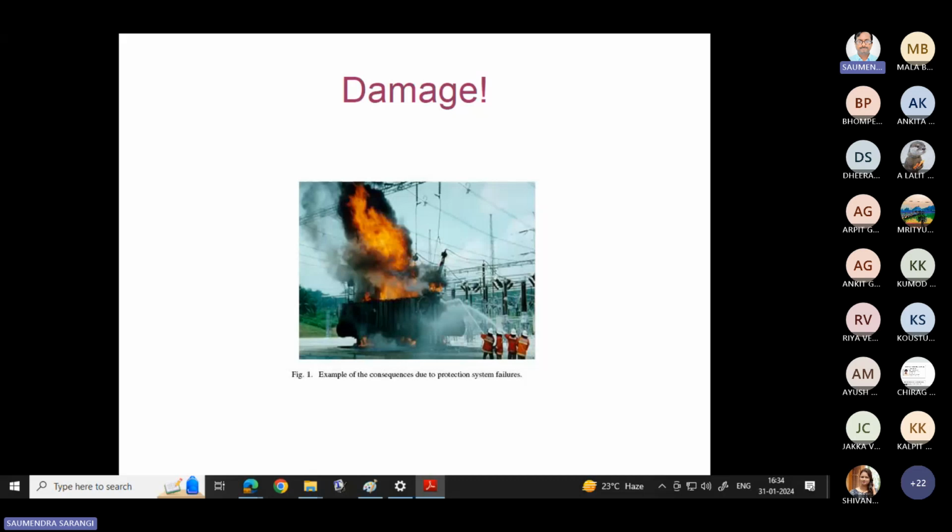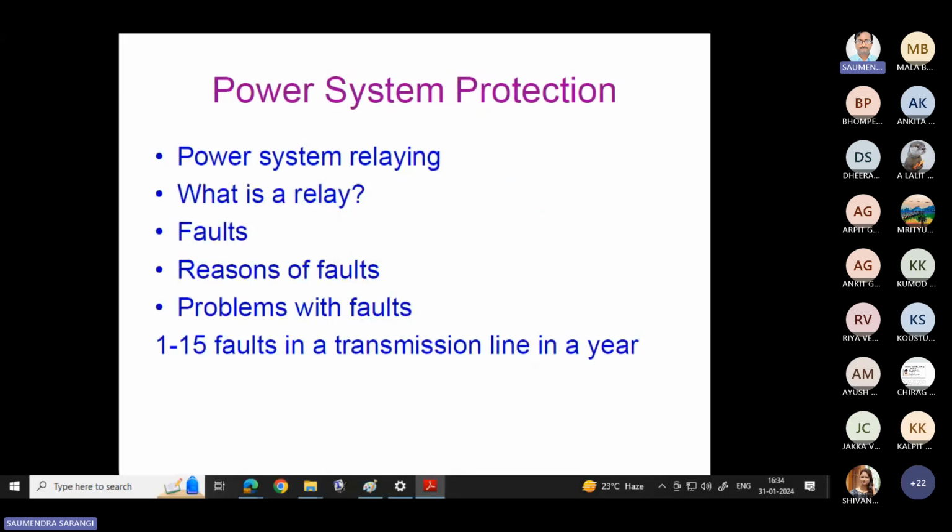When high current flows, the transformer burns, and if anybody is working nearby, it will blast, and that person may lose his life. Because of that, we need to protect the system intelligently, so that we do not have any type of fault in our system.